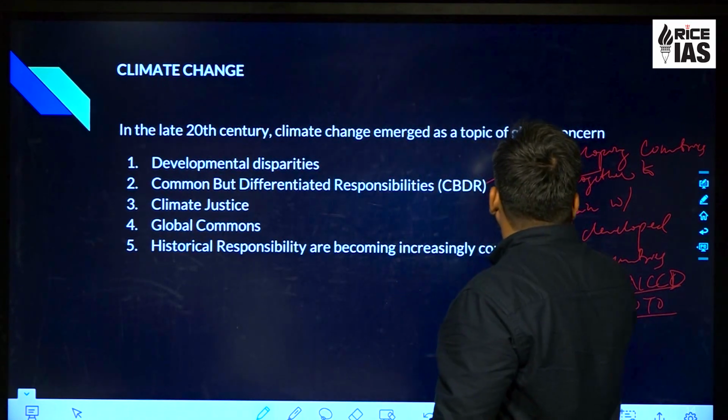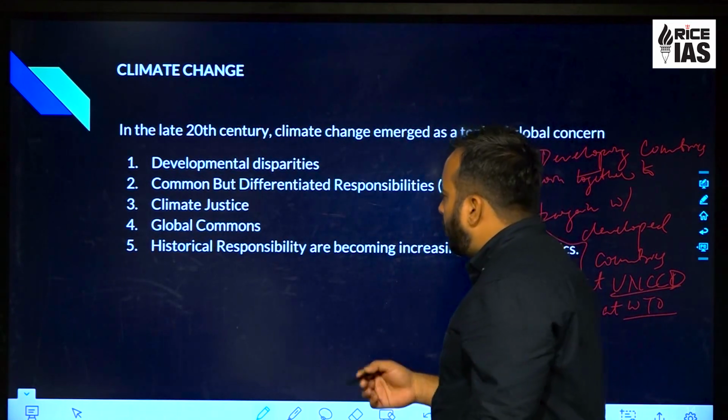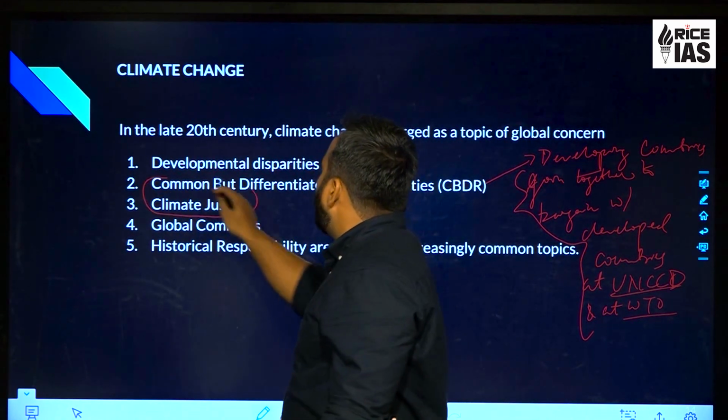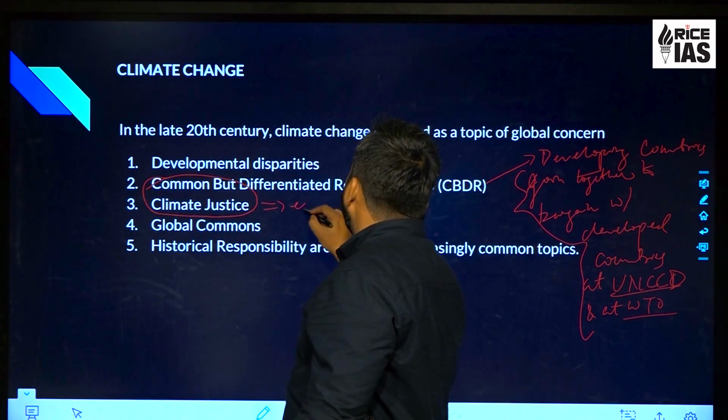And this underpins the solidarity of the developing countries. This would ensure equity.